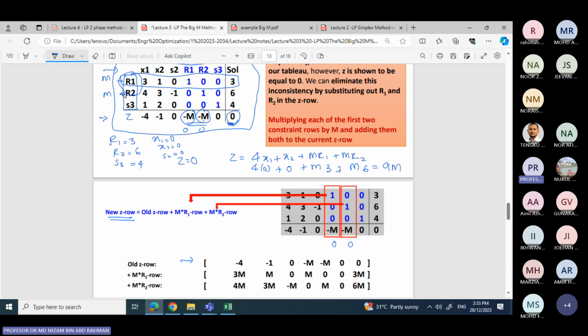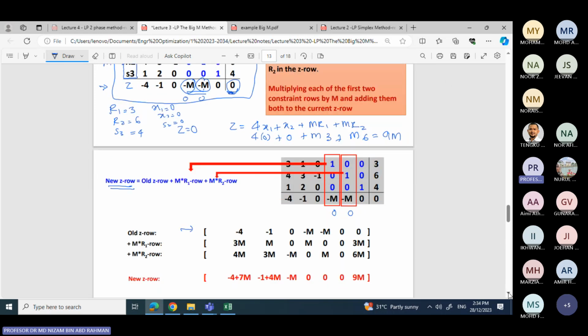This is the R2 row. So you multiply M with all the multipliers for that particular row. Then you have 4M, 3M, minus M, 0, M, 0, and 6M. And then the next step is you add them all up, so you can get a new Z.